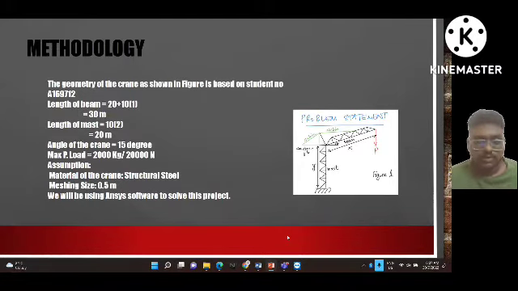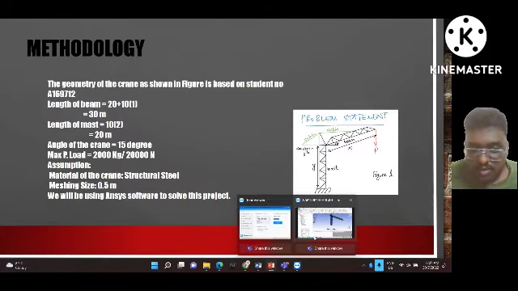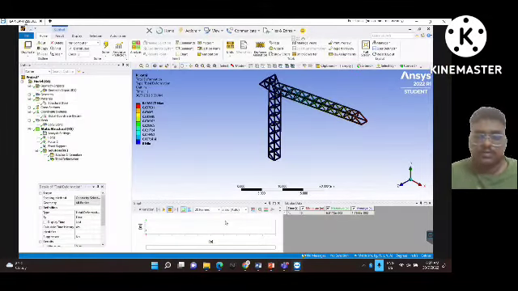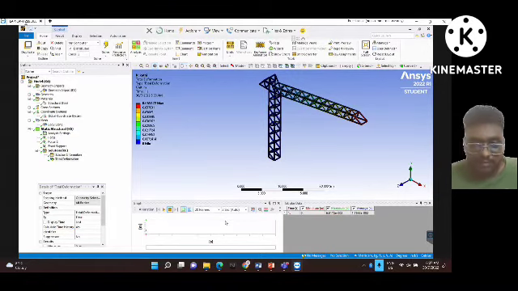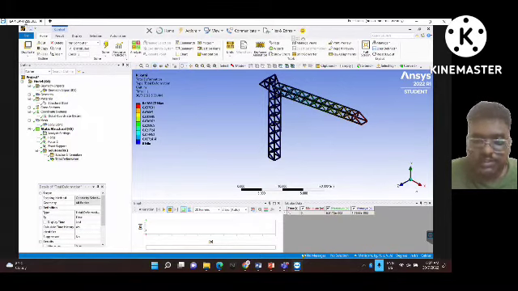Let's go into ANSYS software for the simulation explanation. As for the ANSYS simulation, first we need to build our geometry following the lengths given before. First of all, we need to put the force on the end of the crane, which is 20,000 Newton, and the counterweight is 25,000 Newton.